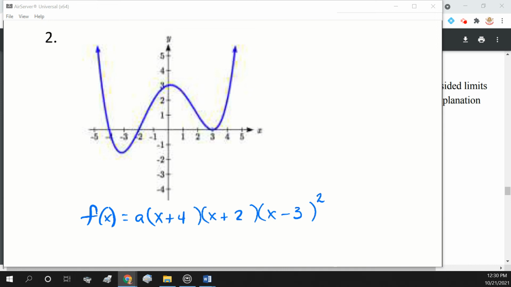Right. Then we're going to find our y-intercept. And then we'll put in 0 for the x's and then 3 for the y.